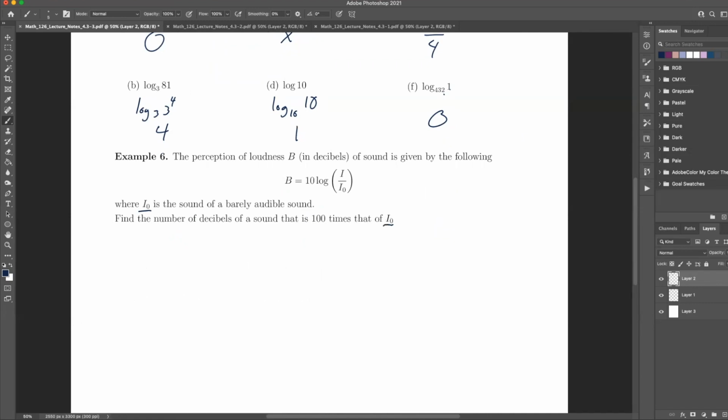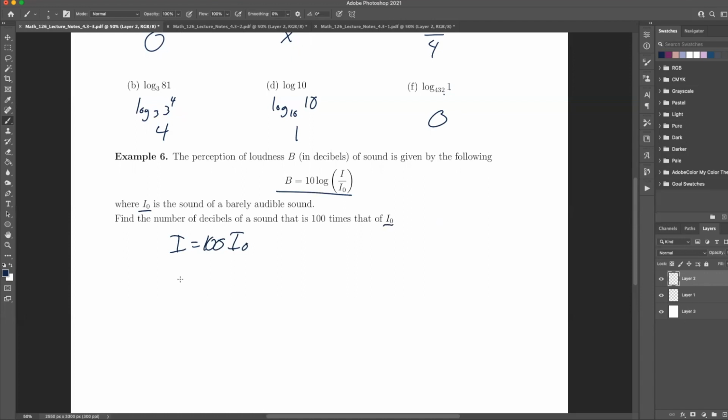Let's just do it first, and then we'll look at things. If I want something that is 100 times I naught, we're going to say I is equal to 100 times I naught, where I naught is something that's barely audible. And this is actually what they use, and I'll show you that in a second.